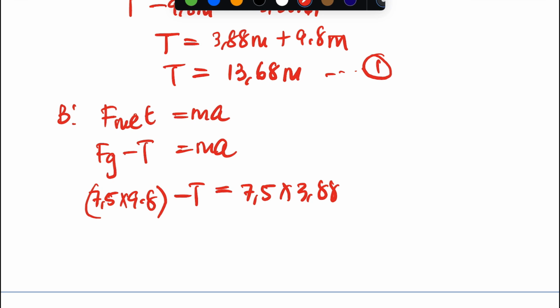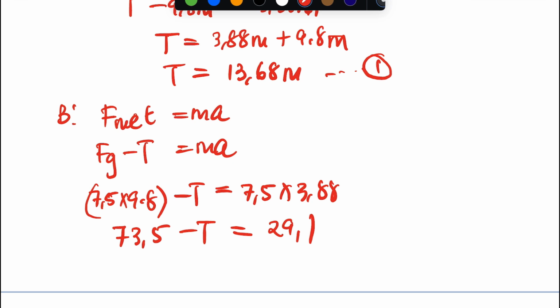So what is 7.5 there? The 7.5 is the mass times the gravity. It's going to be 73.5 minus T equal to another 7.5 times 3.88, which will be 29.1. So what are we going to have now?